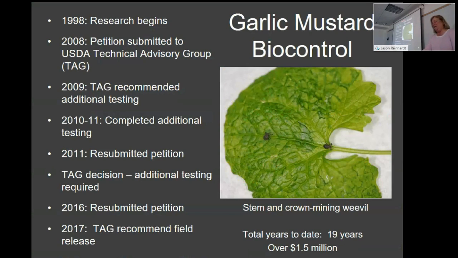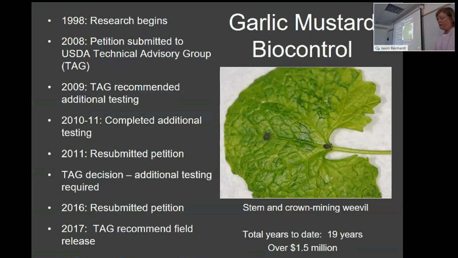So it's been a long story of testing in order to ensure that in this case, the stem and crown mining weevil, Ceutorhynchus scrobicollis, is specific to garlic mustard. So this specificity testing is done both to prevent non-target damage, but also to make sure that you get an effective agent. To have an effective agent, you really need it honed in on your target species.